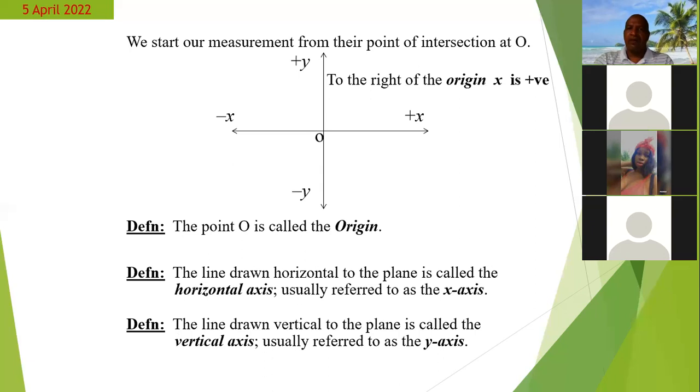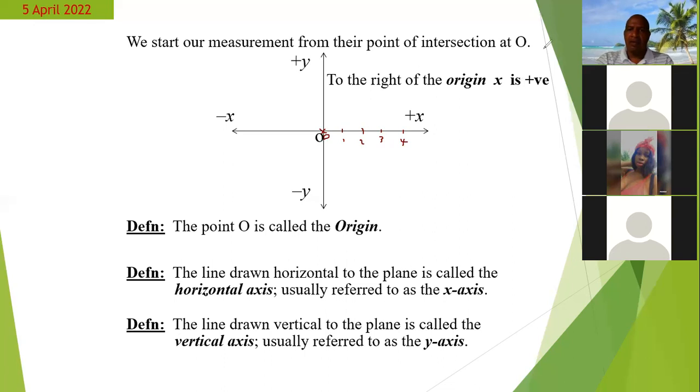Now, to the right of the origin, meaning that we would be counting along the x-axis. So if you're counting along the x-axis from the origin, the origin is where you would have the 0. And if you're counting to the right, 1, 2, 3, 4, etc., then of course, these values will be positive, right?